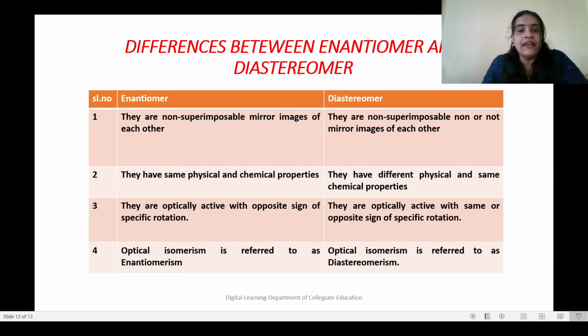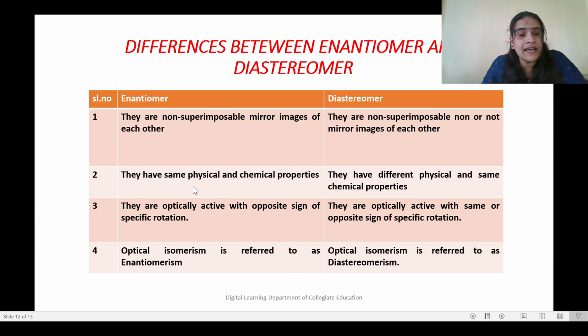Now, how can we differentiate enantiomers and diastereomers? Enantiomers are non-superimposable mirror images of each other, whereas diastereomers are non-superimposable and not mirror images of each other. They can be superimposable also, we can say, or if they are superimposable, they will have a plane of symmetry.